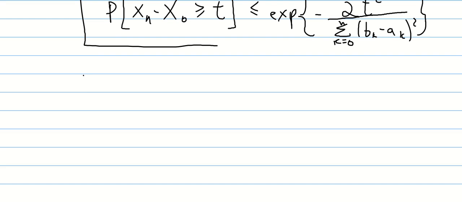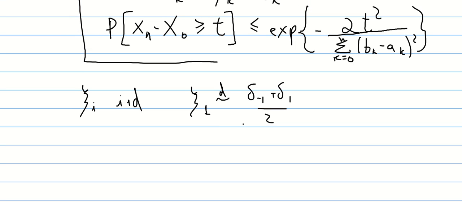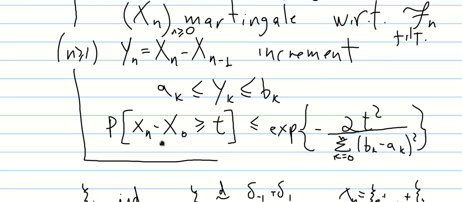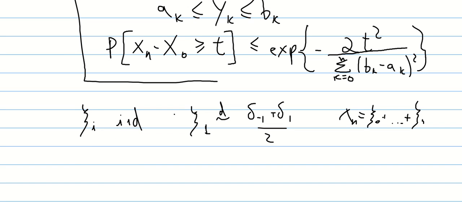So for example, if the psi i's are IID, psi is distributed as delta of minus 1 plus delta of 1 over 2. This is a standard thing we do. Then xn being the sum of psi i's, we could try to use the above. This is going to be a martingale whose increments are bounded between minus 1 and 1.